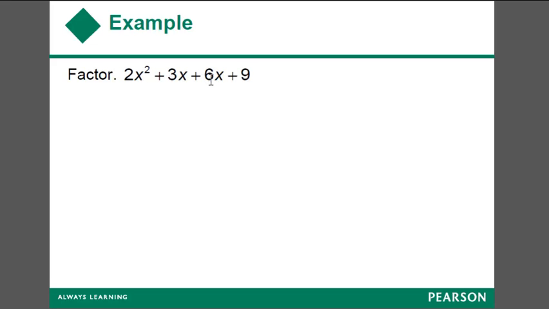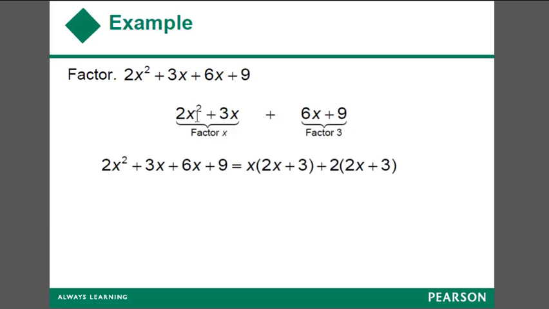Out of 6x plus 9, my common factor will be a 3, because I can divide the 6 and the 9 by a 3. When I do this, from my first set of terms, I will have x times 2x plus 3, and from my second set of terms, I should have factored out a 3 and have 2x plus 3.